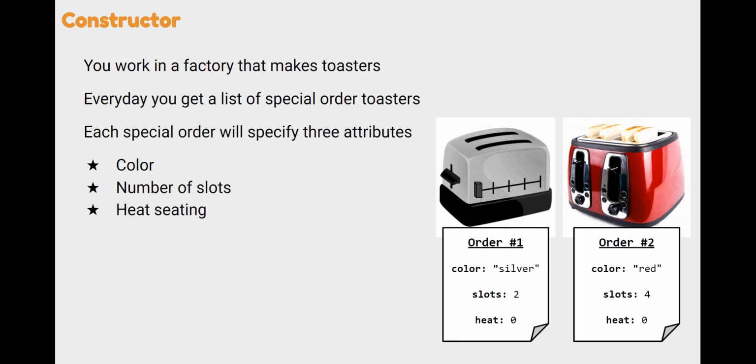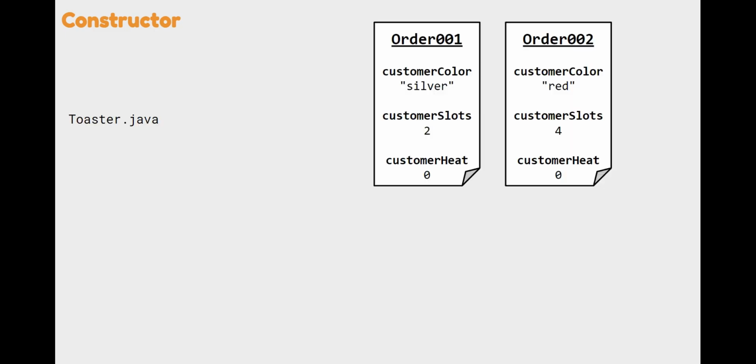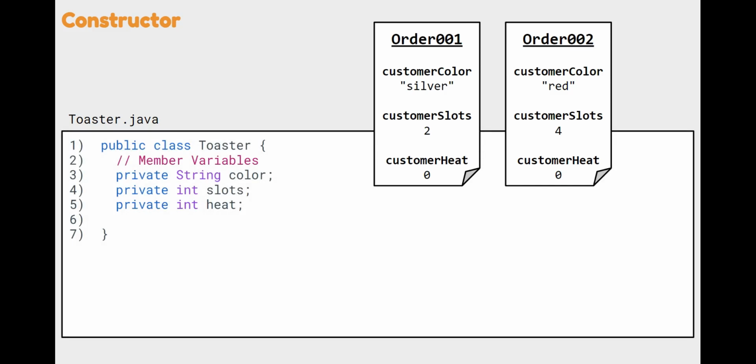What that might look like in code, we would have a file called toaster.java. Inside of that file, we will have our class definition. On line 1, we see we have public class toaster. We are giving it that access modifier of public.